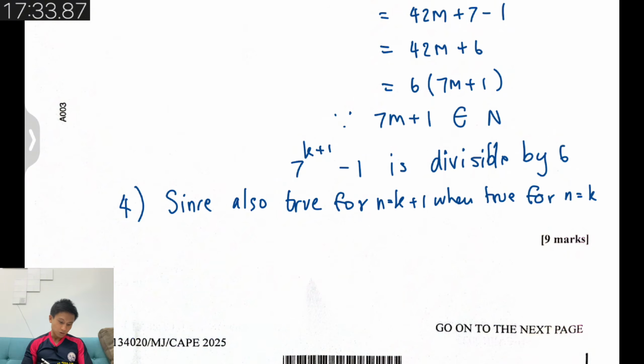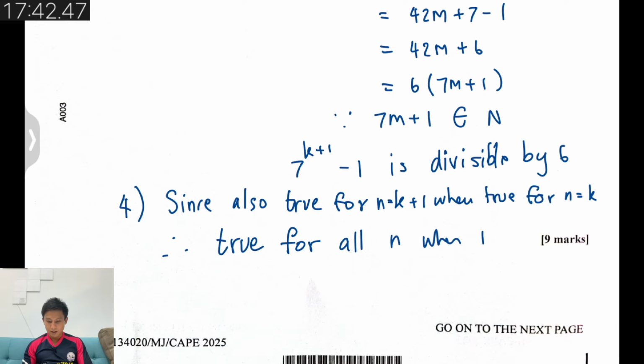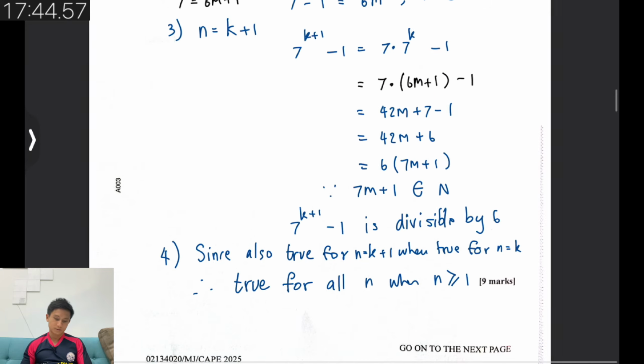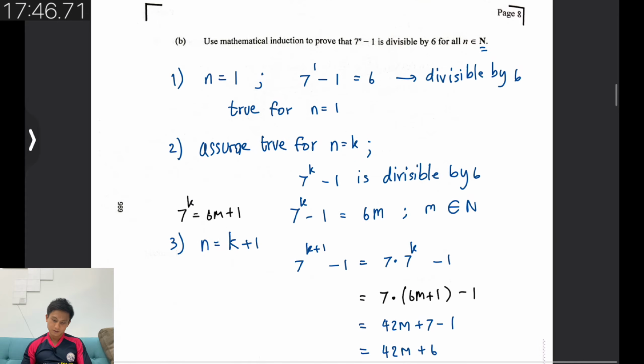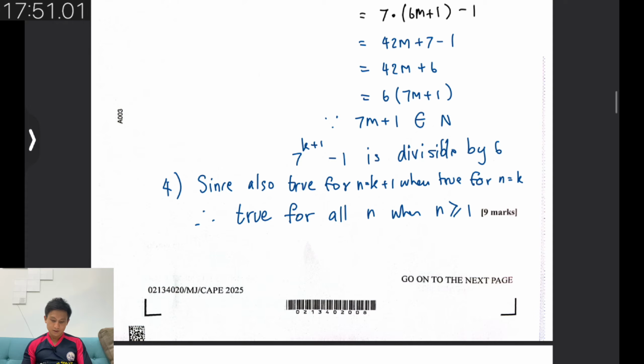Therefore, true for all n when n is greater than or equal to 1, because n is just the natural number there. Yeah, so that's it. That's done. Okay?